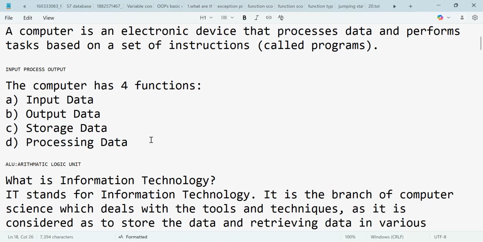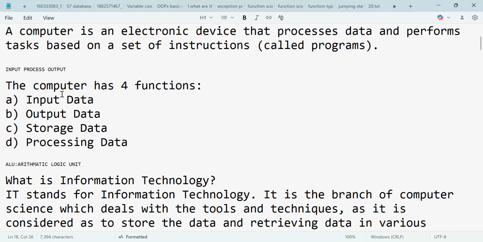The analytical engine contains the ALU, basic flow of data controls, and integrated memory. Later I will discuss these in detail.